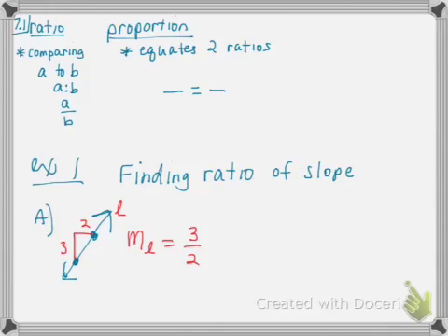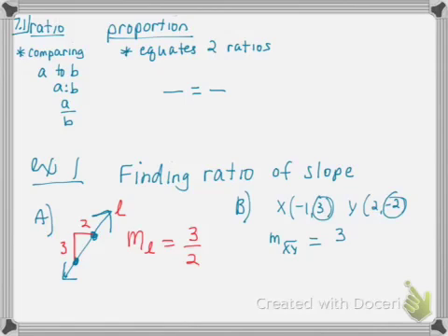The next example I'm going to do is I'm going to give you some coordinates. So let's say I give you point X is negative 1, 3, and point Y is 2, negative 2. Write a ratio for the slope of line XY. We're going to do rise. I always circle my Y's. It reminds me to start there.